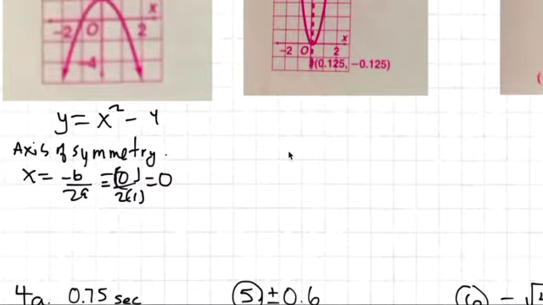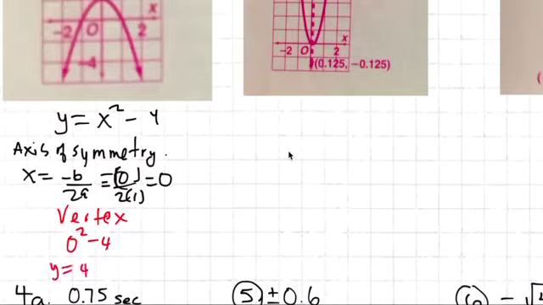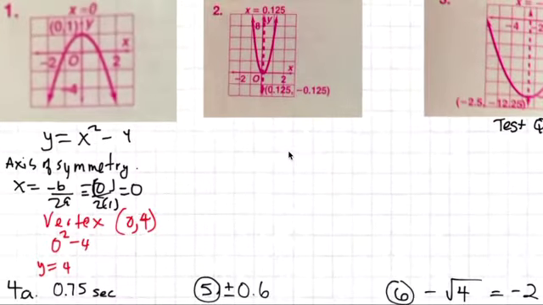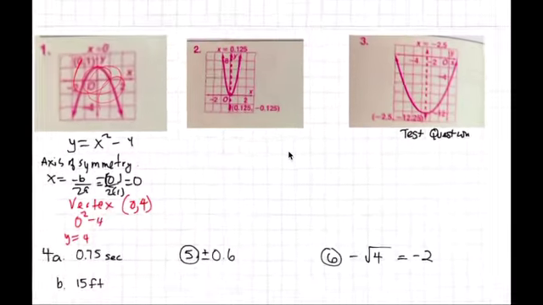Okay, if x is 0, y is negative 4. Vertex. Yeah, this one is incorrect.